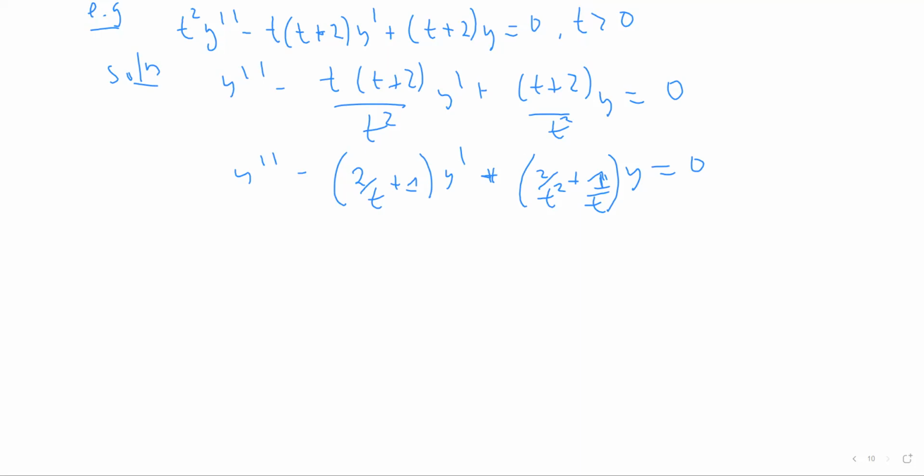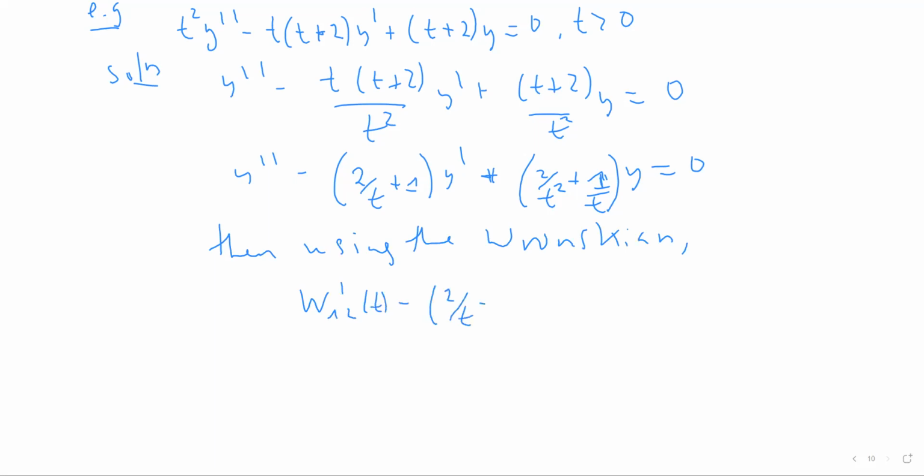Okay. Then if we use the theorem, using the Wronskian, we write W12'(t) minus (2 over t plus 1) W12(t) is equal to 0.